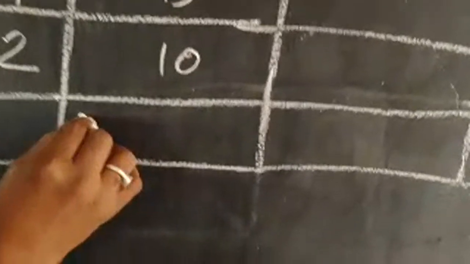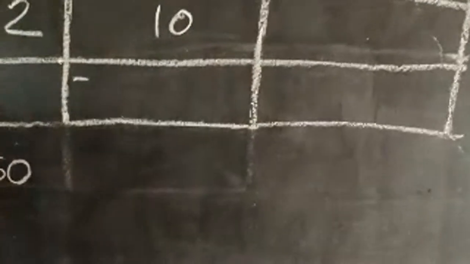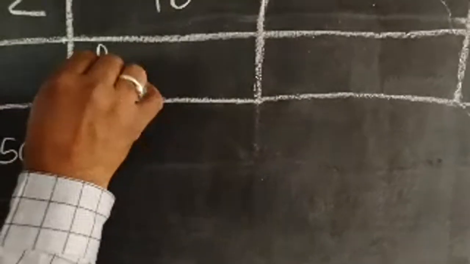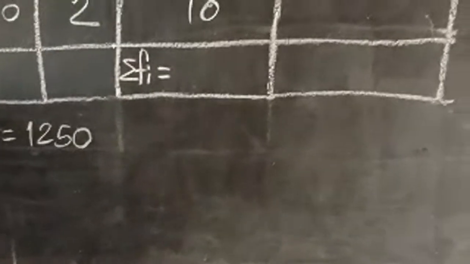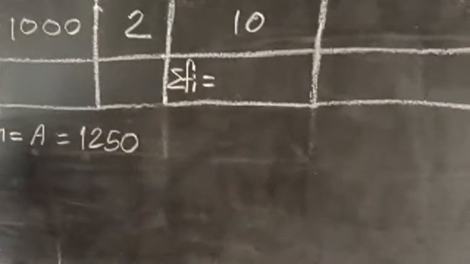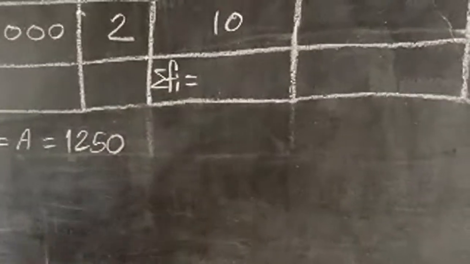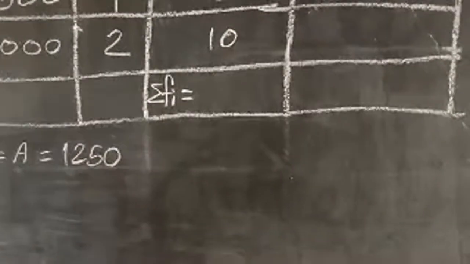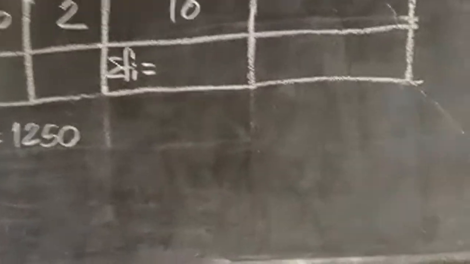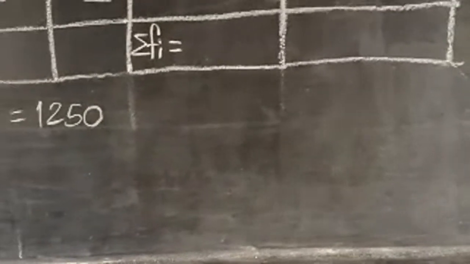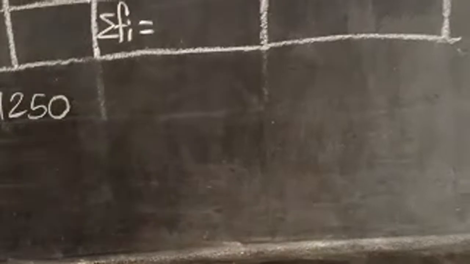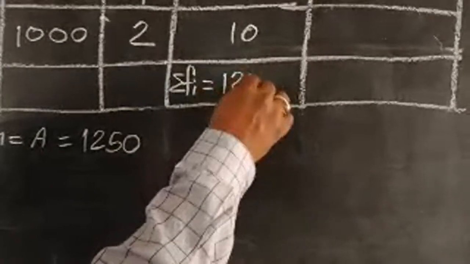And here what do we write? Summation Fi. Good. Addition is 120. How many students get 120? Yes, good.